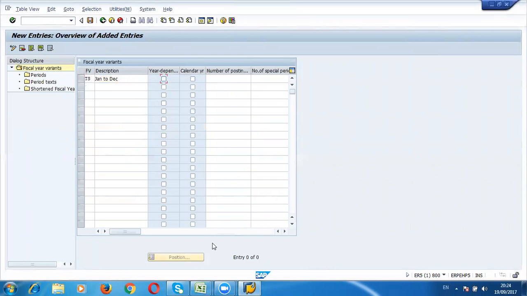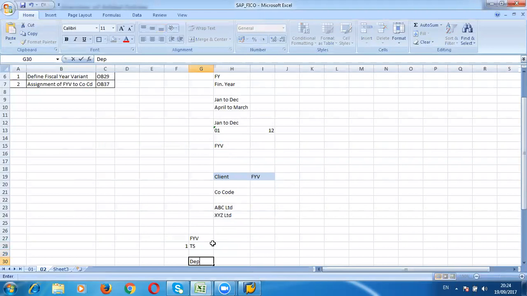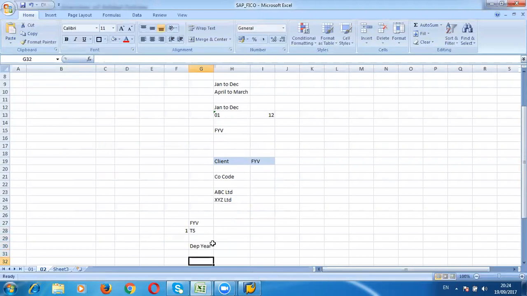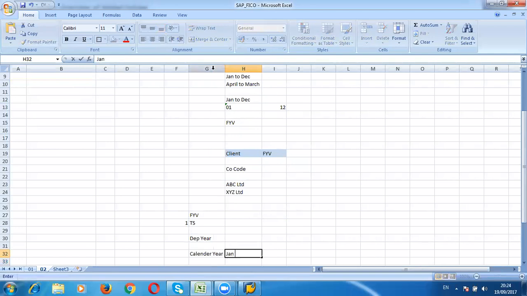There is something called year dependent and calendar year, which we need to define. First we need to understand what a year-dependent and a calendar year are. Suppose my year is January to December. In that case, my fiscal year is the calendar year. Calendar year means January to December.